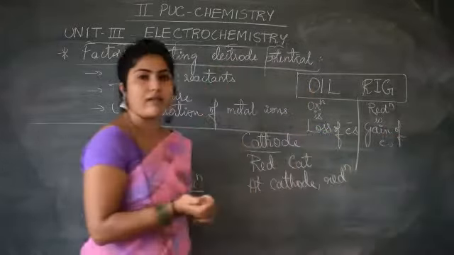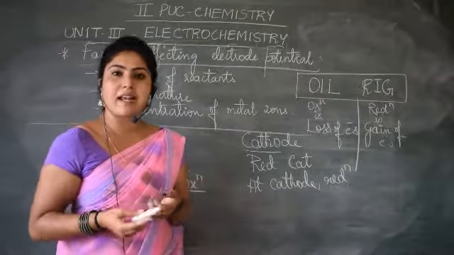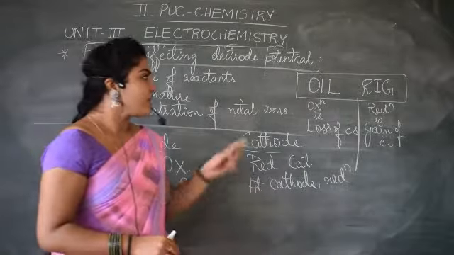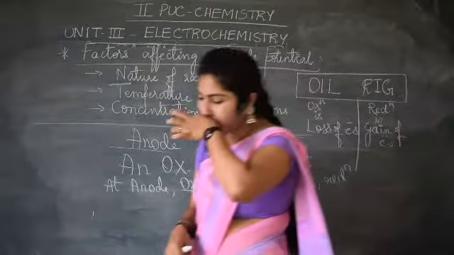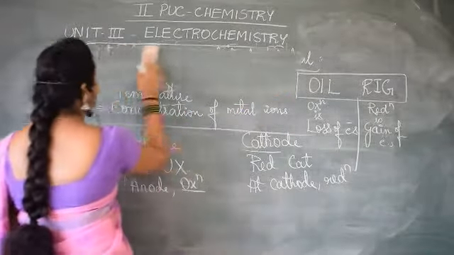This is how you can remember. So if you remember these points, then understanding the concept of electrochemistry becomes very easy. We will further see a general reaction based on this, that is oxidation and reduction, since I have told you.